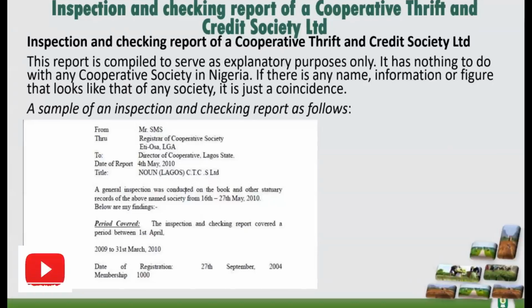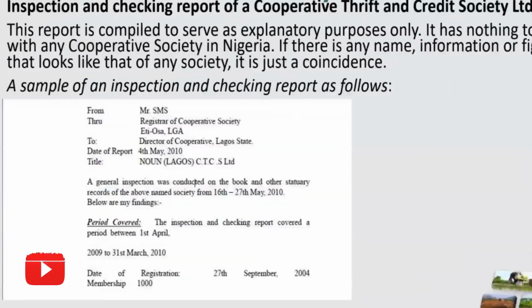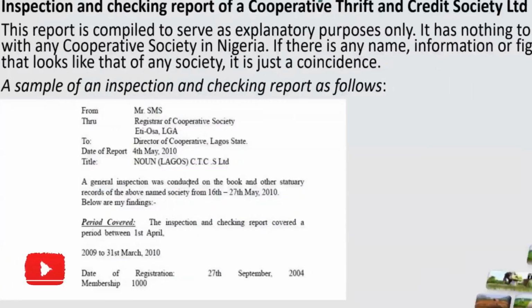Now, if you look at what we have here, you will see where the report is coming from. It is from Mr. SMS, through the registrar of cooperative societies, Etiosa Local Government Area, to the Director of Cooperatives, Lagos State. What is the date of this report? 4th of May 2010.